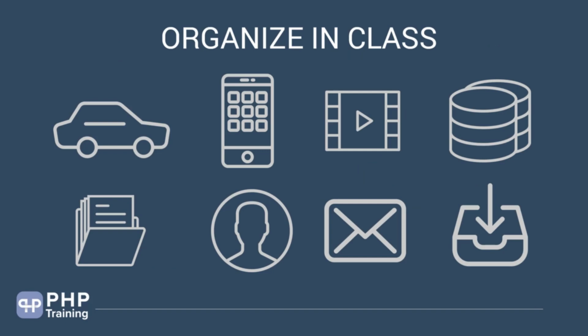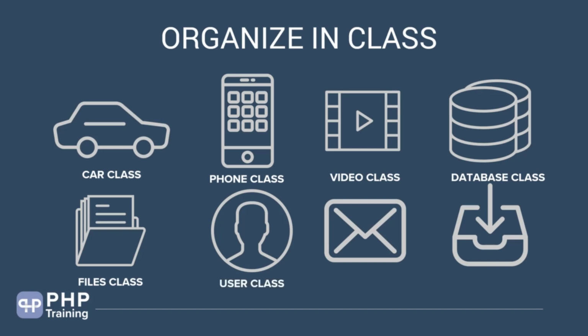So organizing in class, basically when you think about objects, you have to first organize them into class. The first step is to define a class. Then you have to convert them into an object and use it. So if you have a car object, as we discussed in thinking in objects, the car object can be defined as a car class. Then phone object can be defined as a phone class, and then video class, database class, files class, user class, email class, and downloads class.